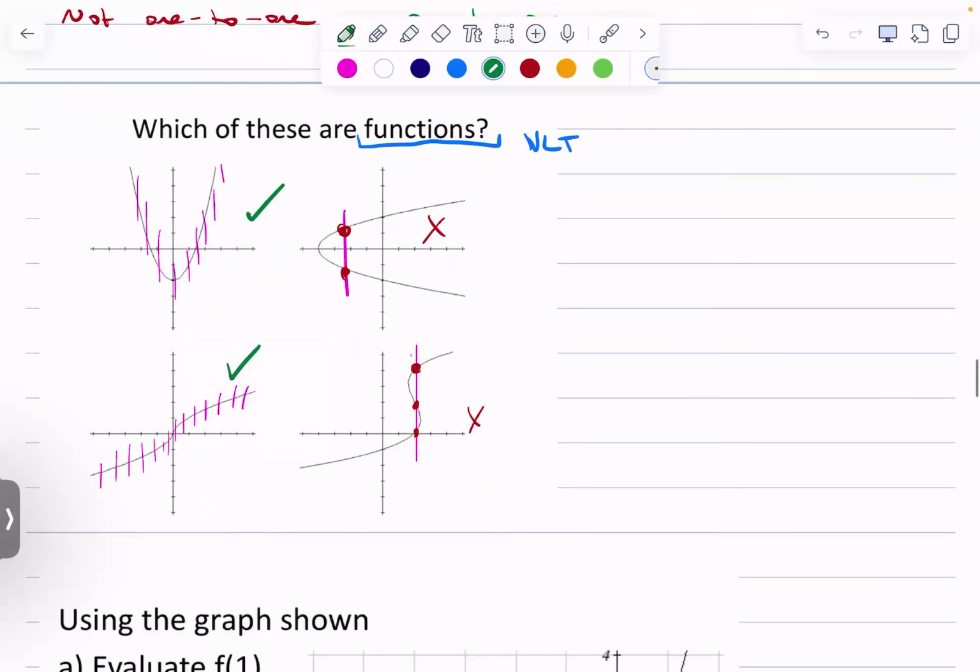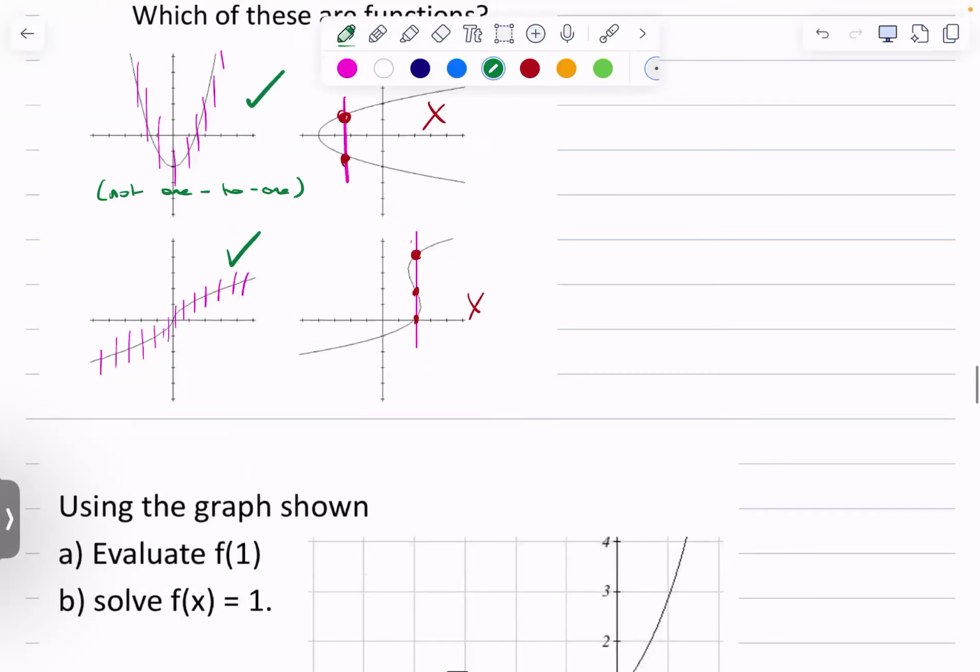And so here I'll say, but not one-to-one. This one gets a little tight around the origin there, but I would say it is one-to-one. Just by glancing at it. Nice.